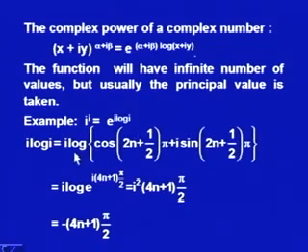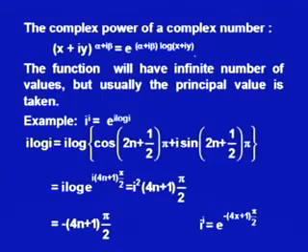simplify, taking log i, log i is equal to i log of, this is nothing but cos(2n + half)pi plus i sin(2n + half)pi. I am writing the general value here and simplifying it, it is e^(i times log e^(i(4n+1)pi/2)), and this is simplified as i square (4n+1) into pi by 2, which can be further simplified to minus (4n+1) multiplied by pi by 2.